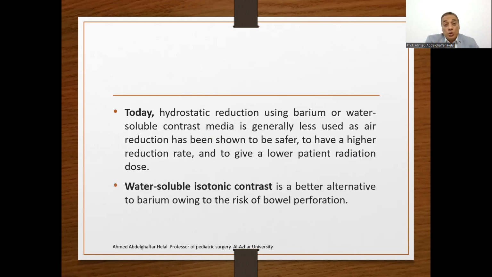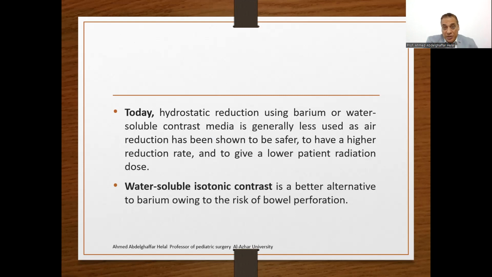Today, hydrostatic reduction using barium or water-soluble contrast is generally less used, and most centers use air reduction because it's safer, has a higher reduction rate, and lower patient radiation dose. Water-soluble isotonic contrast, no doubt, is a better alternative to barium owing to the risk of bowel perforation.